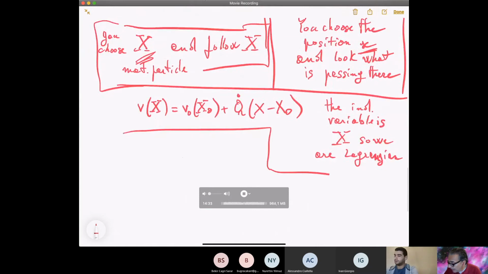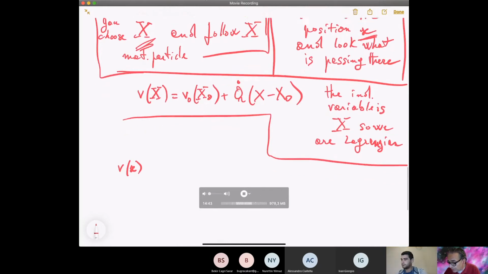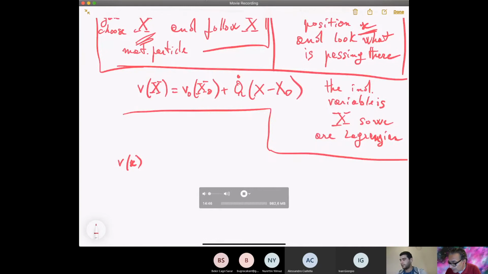Now, if I want V of small x, I must change the structure of this equation. How am I doing it? It is rather easy because chi of X and t is small x. It is the position of the particle capital X. And chi of X0, t is the position of X0.